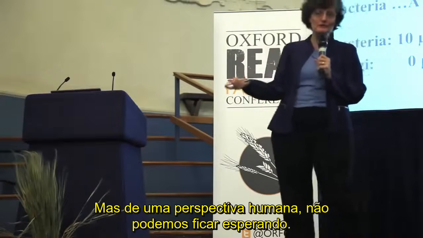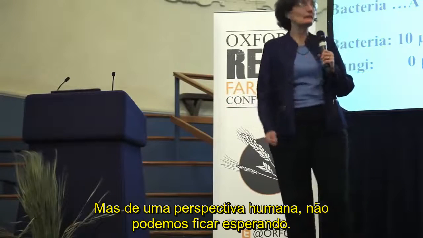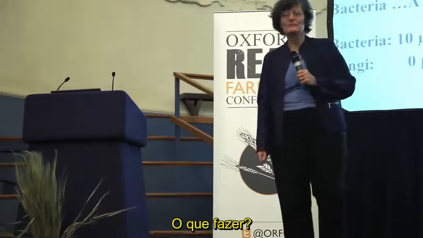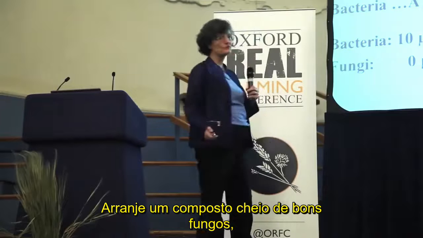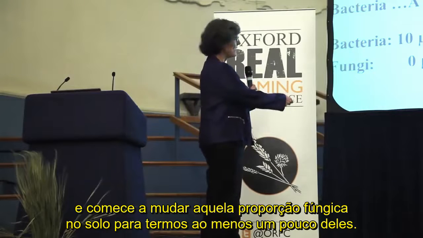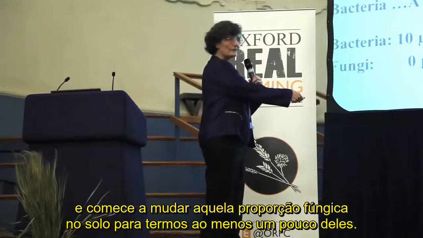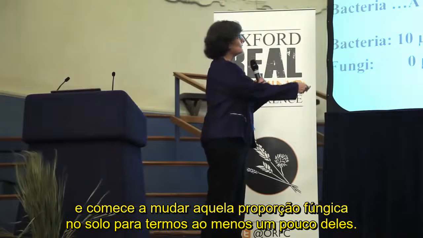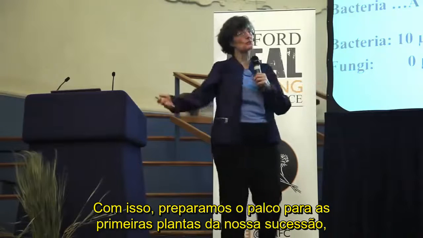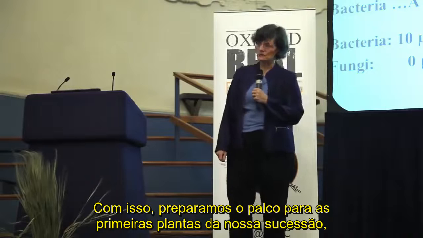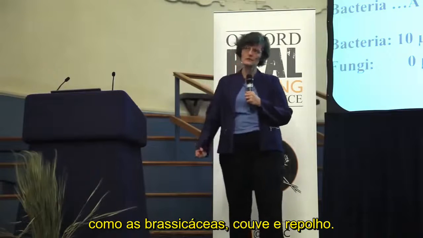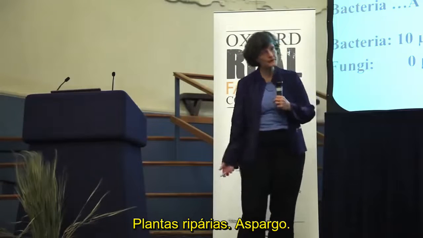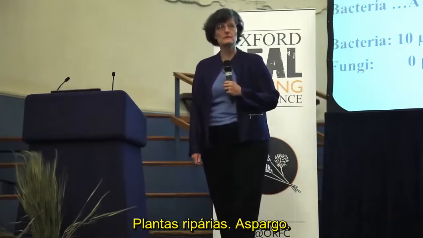Now, from a human point of view, we're like, get the weeds out of here. So how do you do that? Get in a compost that has lots of good fungi in it and start shifting that ratio to where now we have at least a little bit of fungi, and we're going to set the stage to grow our early successional plant species like the brassicas, the cole and the kale crops, the riparian plants, asparagus.